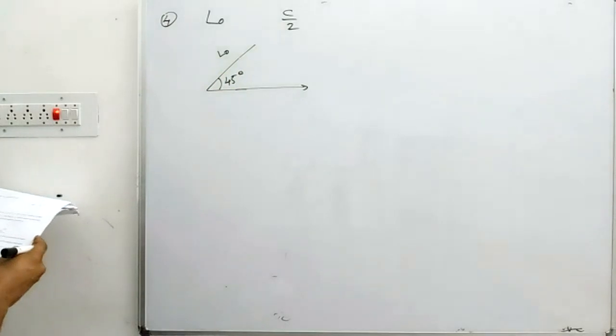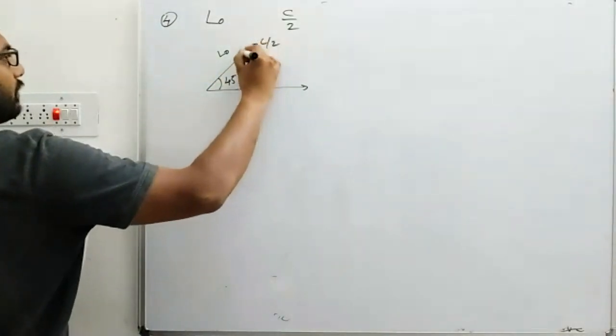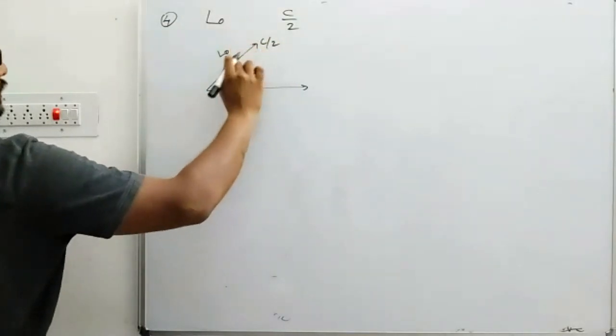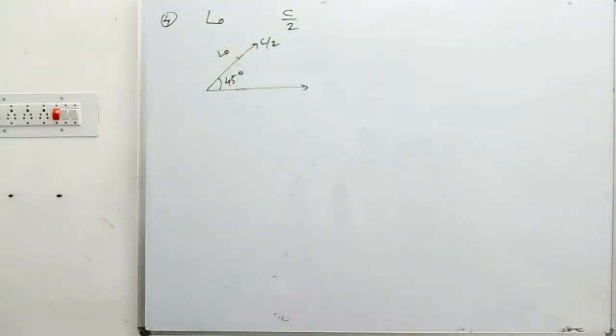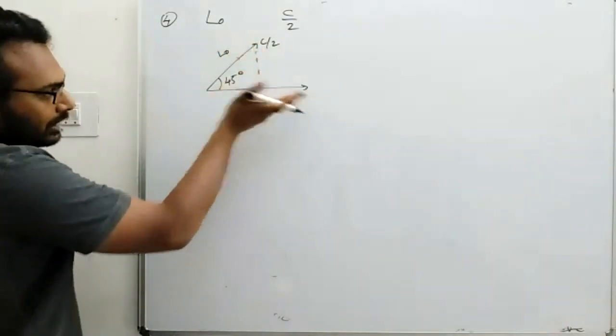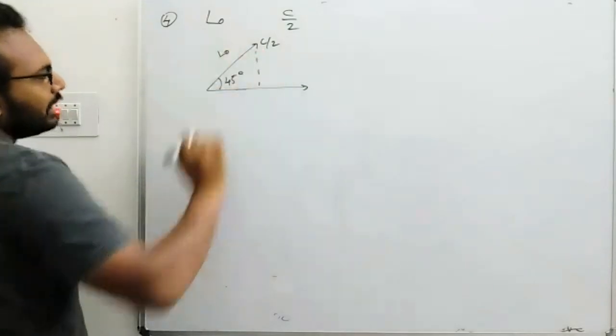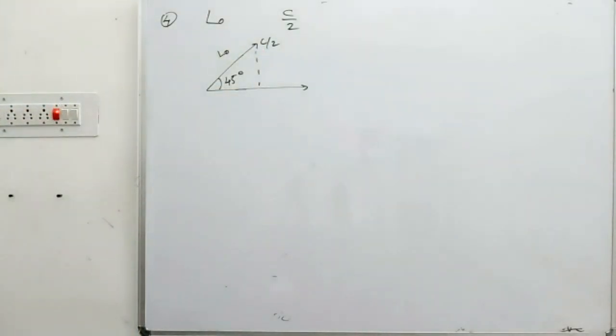So this is the speed c by 2. We know that only the component of velocity along the direction of motion will contribute to the length contraction.